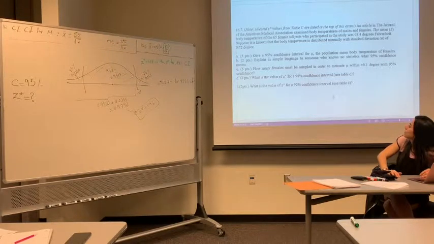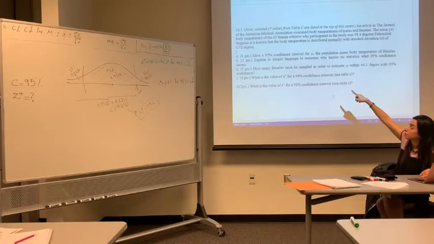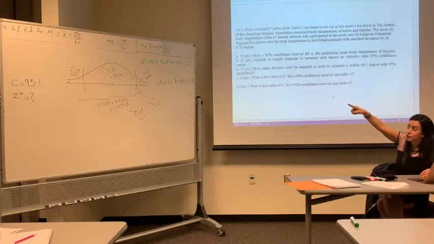It says just construct a 95% confidence interval. For constructing the 95% confidence interval, part A, you are going to use that formula, the top part.